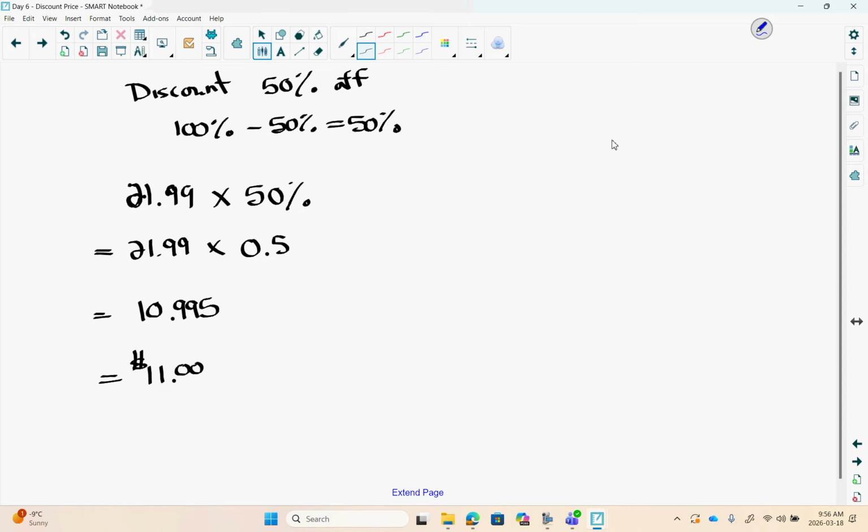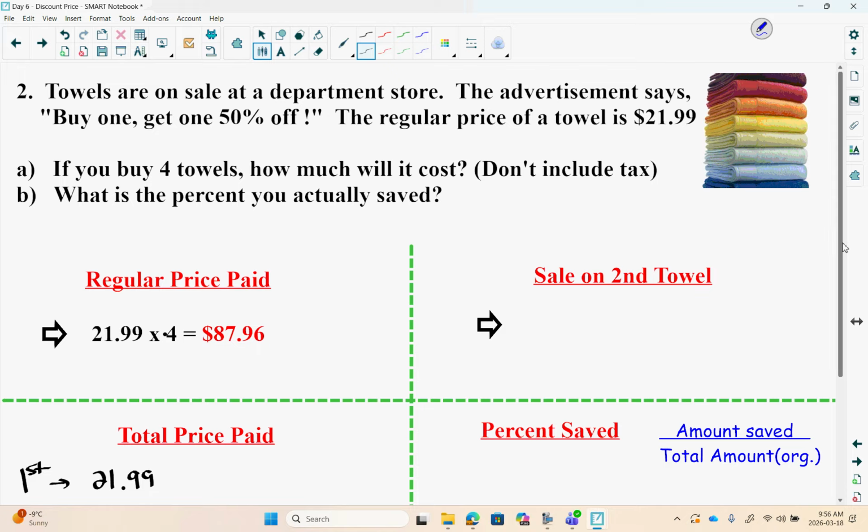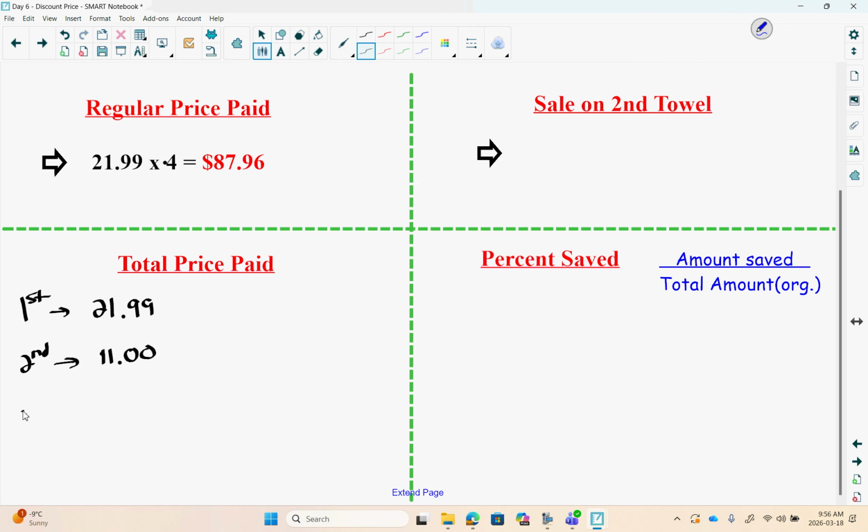Cool with that? I don't have to worry about tax in this question. So that is the price of the second towel. What would the third towel cost me? The third towel is back to the regular full price, $21.99. What's the fourth towel cost? The fourth towel is $11, you bet.